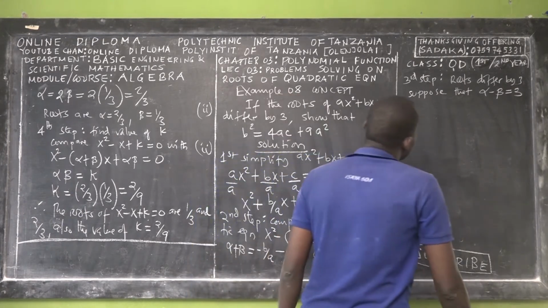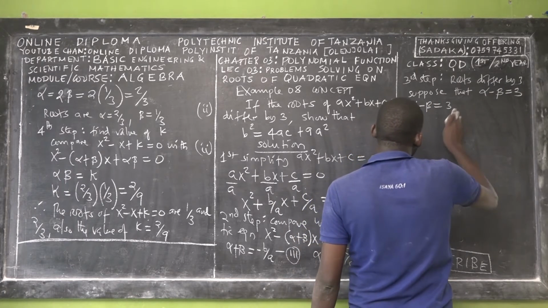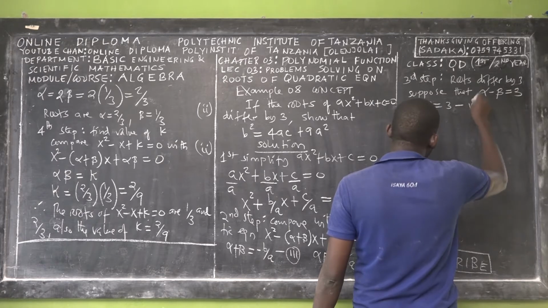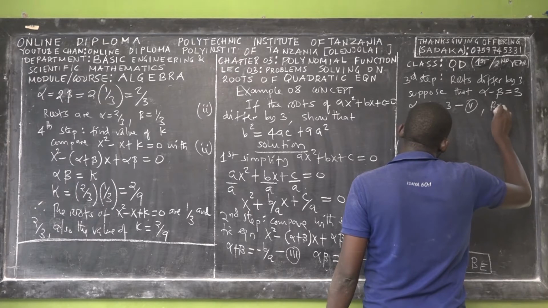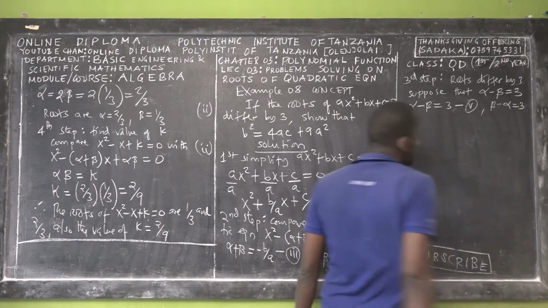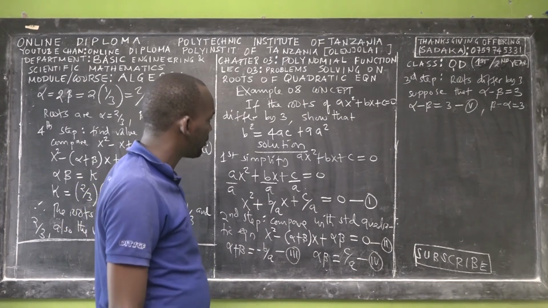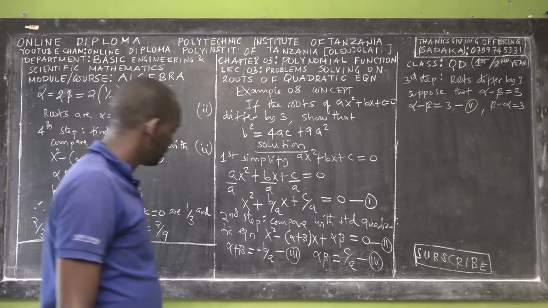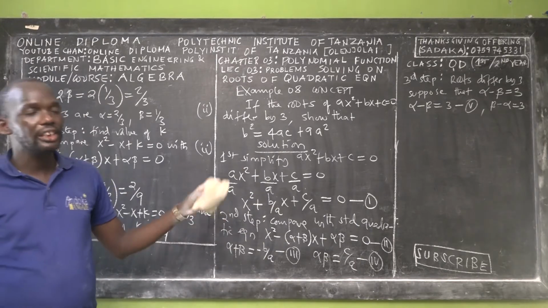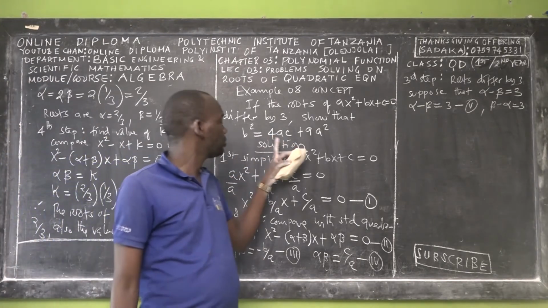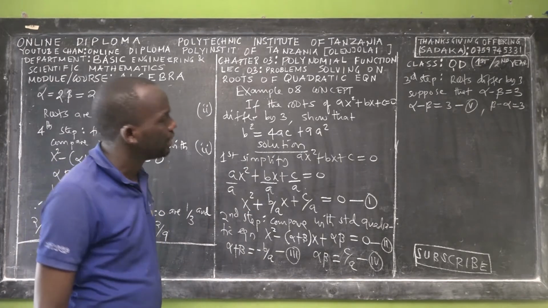So this will be equation 5. Or we can also suppose that beta minus alpha is equal to 3. Remember that the goal is not to find the roots. In case we find the roots, that's fine, but we have to show that b squared is equal to 4ac plus 9a squared. So how can we solve?